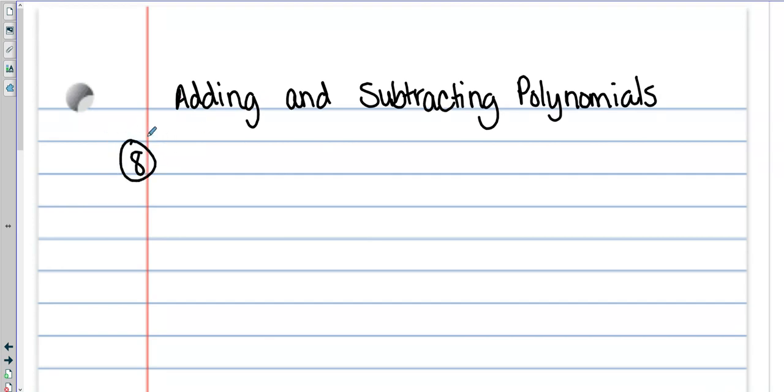This is number 8. So we have here 6x plus 15 plus 8x minus 3. Okay, so let me show you how to do this.